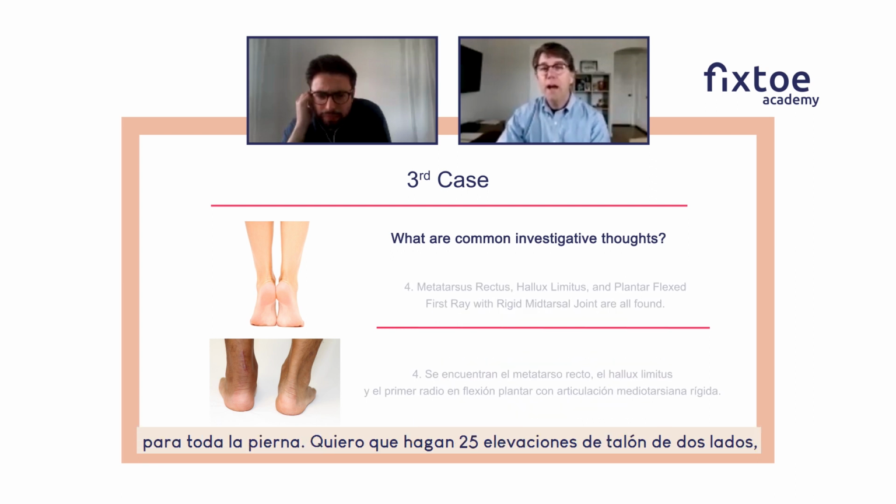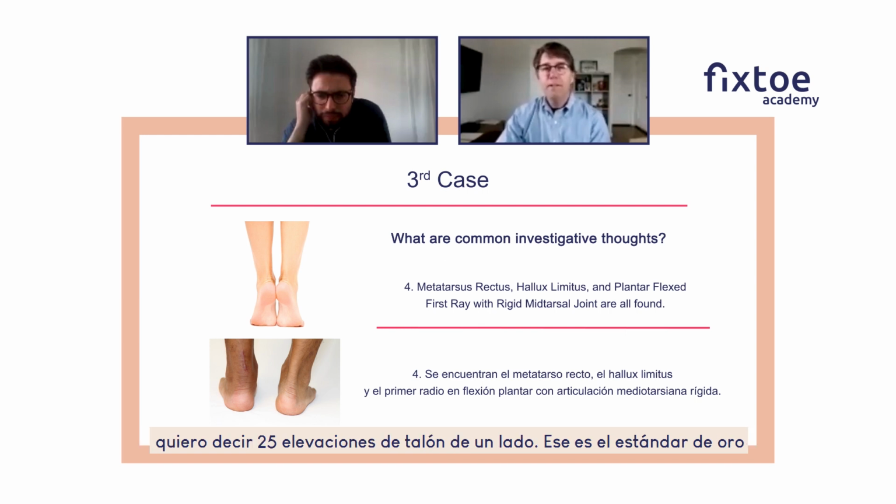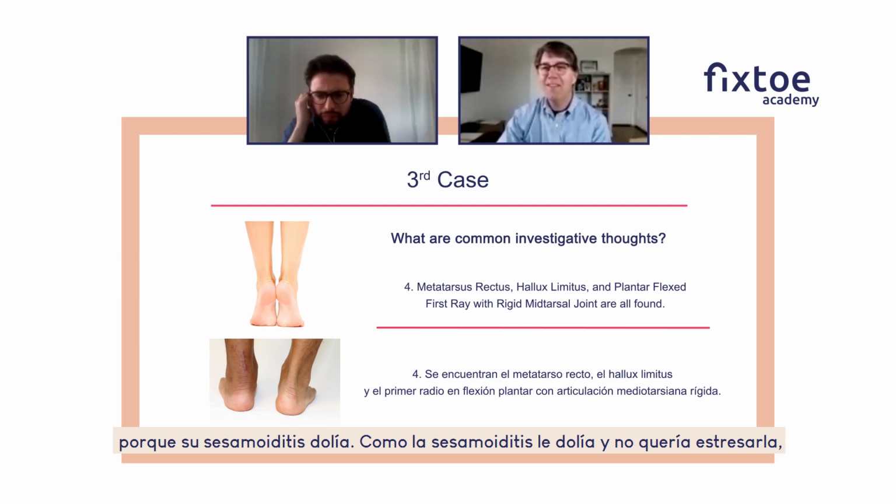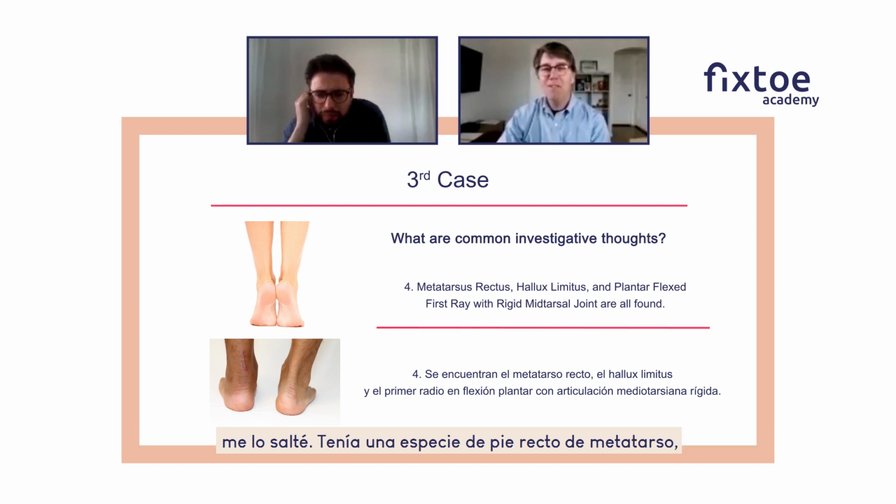I want them to do 25 one-sided heel raises. That's the gold standard for a strong Achilles tendon. But I didn't have the person do that because their sesamoids hurt, and I just didn't want to stress it, so I missed it.